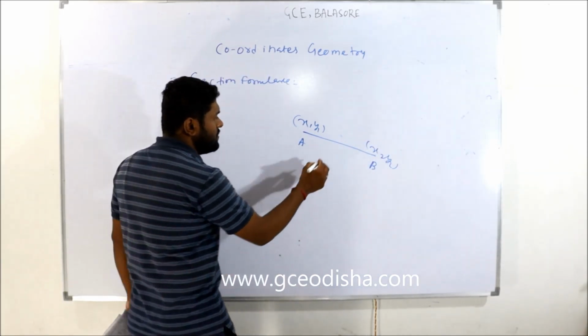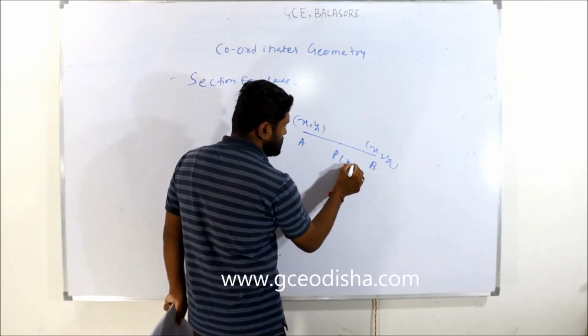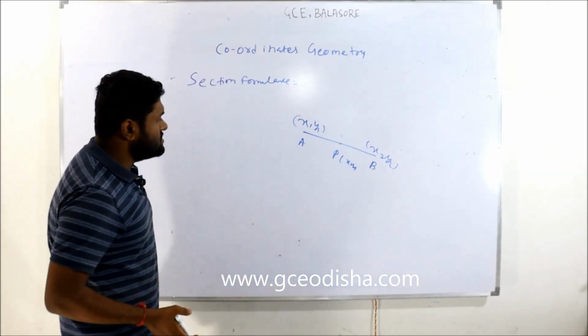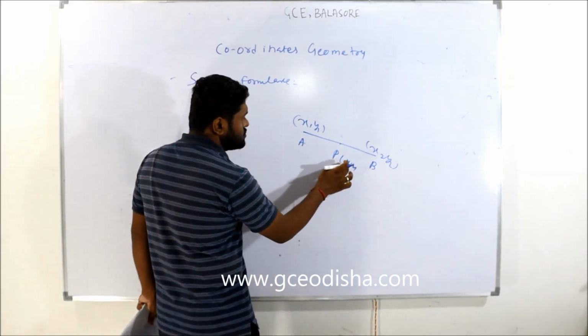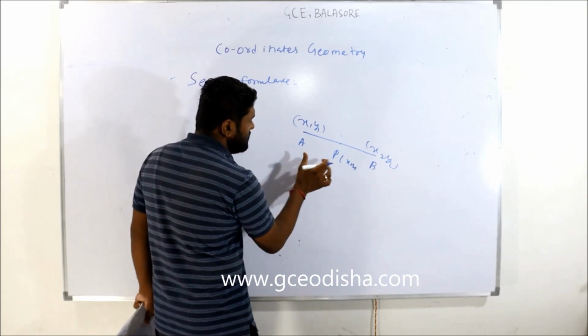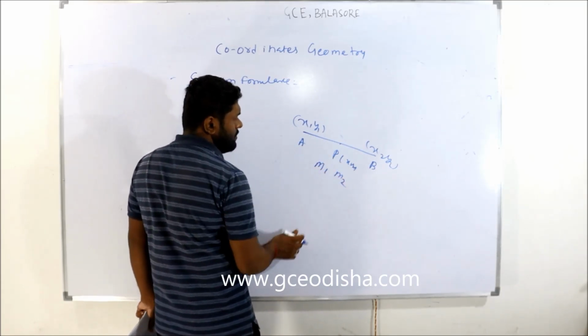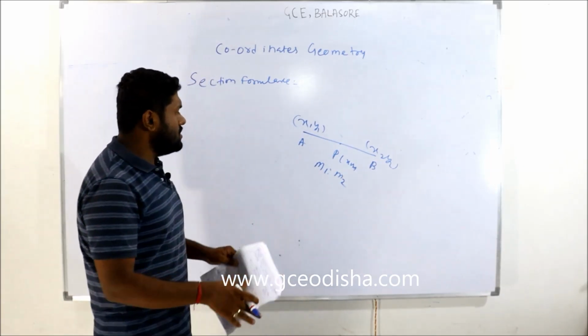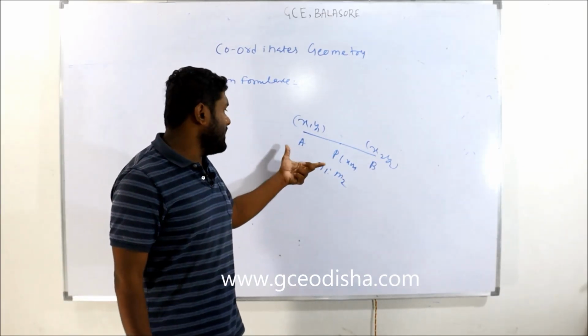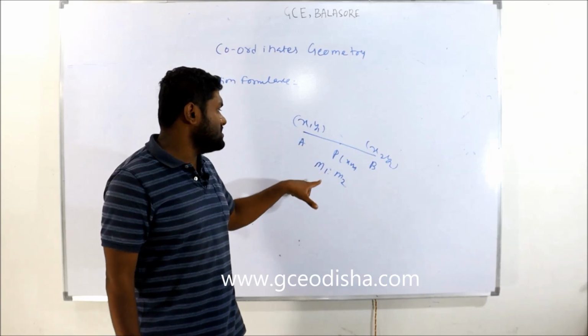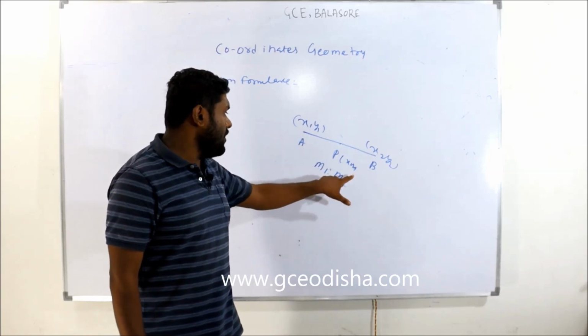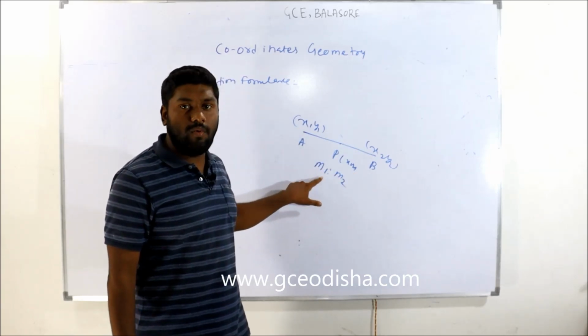The point P xy is in between. It divides the line AB in some ratio m1 is to m2. The two coordinates are divided by point P in the ratio of m1 and m2.